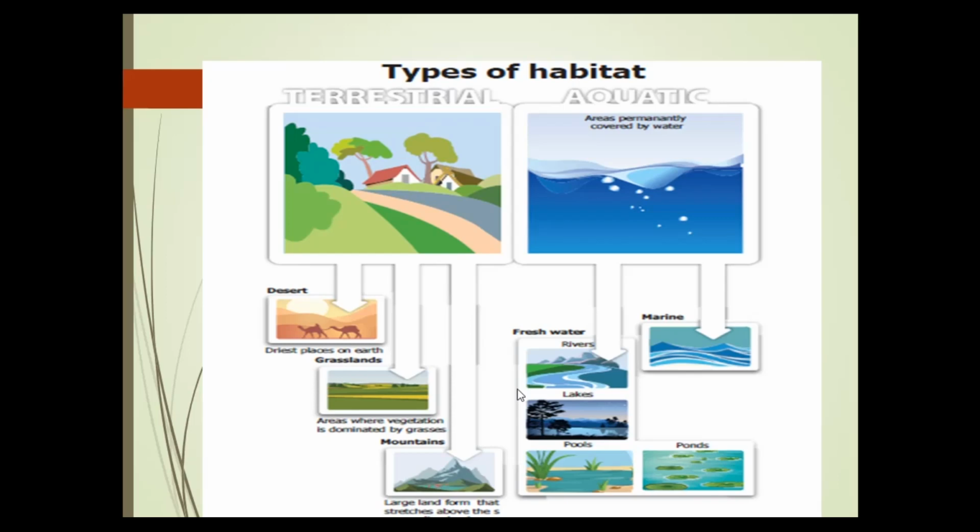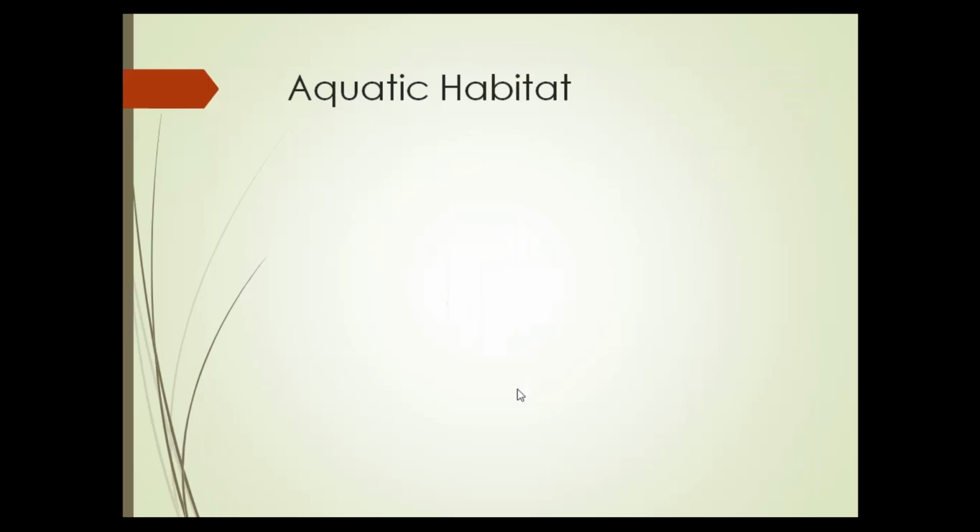In terrestrial habitat, it could be either desert habitat, grassland habitat or mountain habitat depending upon the area in which the plants live. Again, in aquatic habitat, it either could be freshwater habitat or marine habitat. Marine habitat means typically salty water. Now, let us see these types.